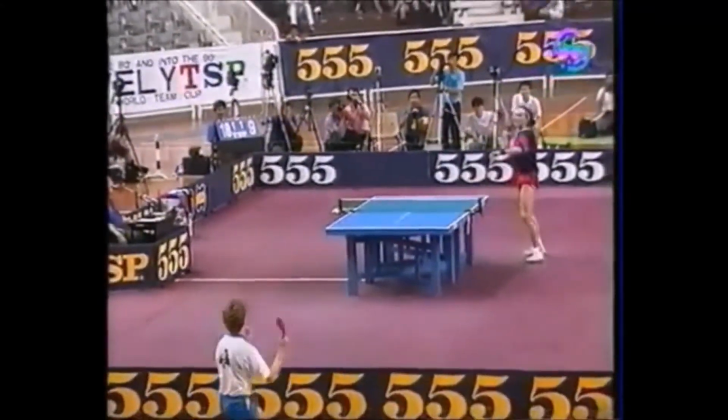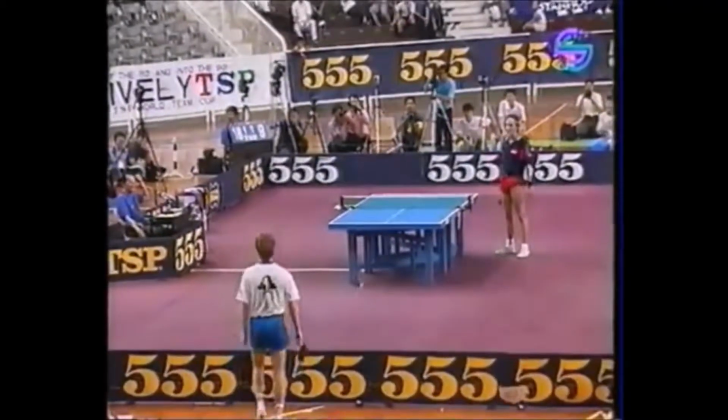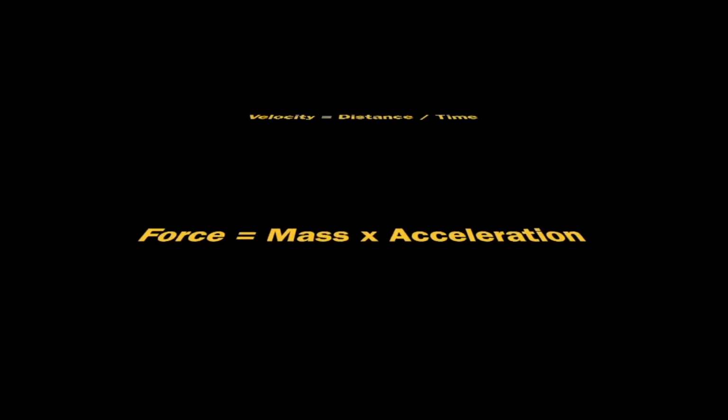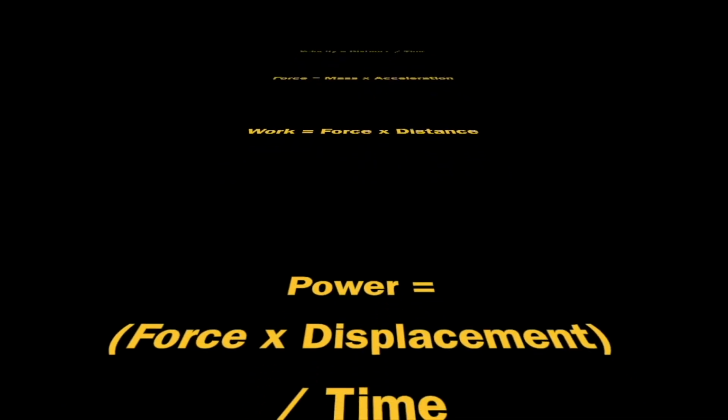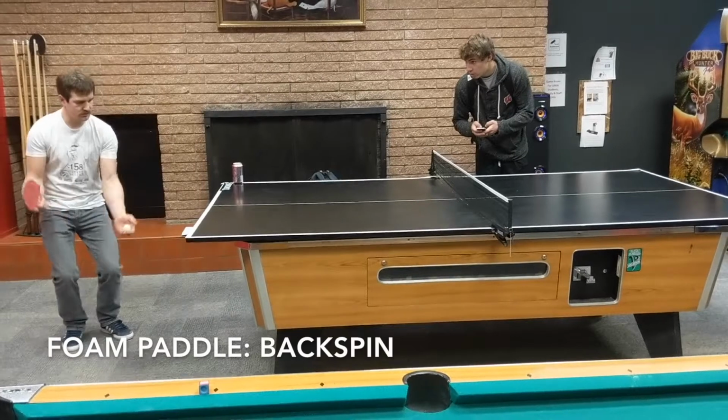We use the following formulas to complete our calculations. Distance over time is velocity, mass times acceleration is force, force times distance is work, force times displacement over time is power, and change in velocity over time is acceleration.